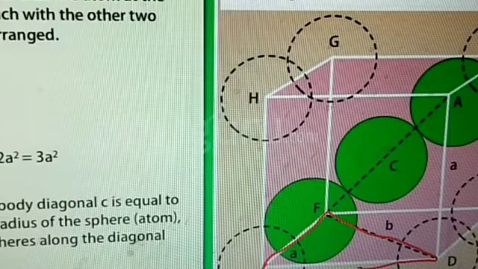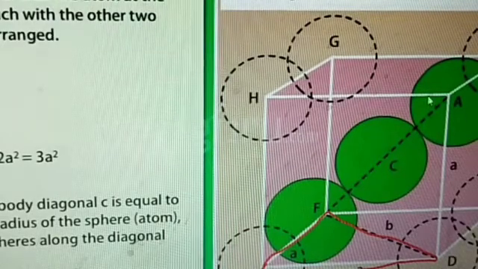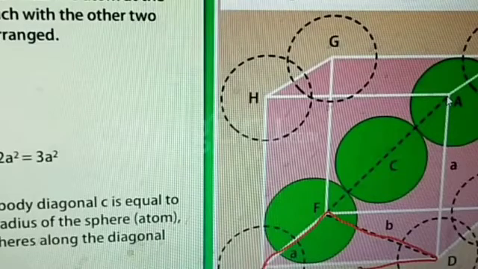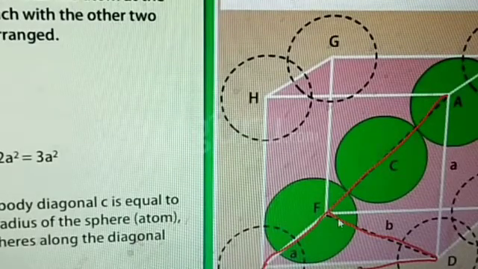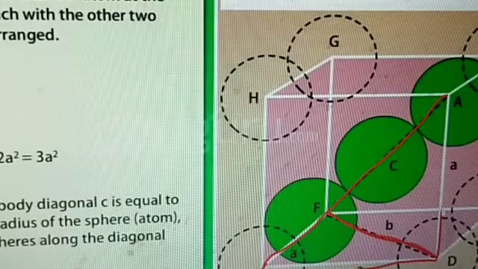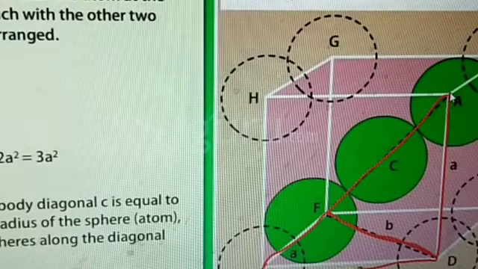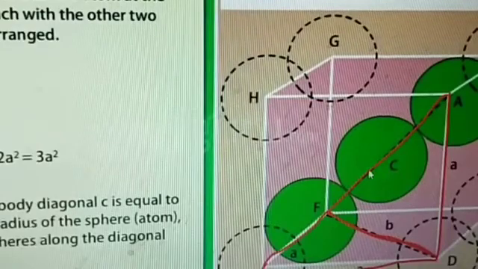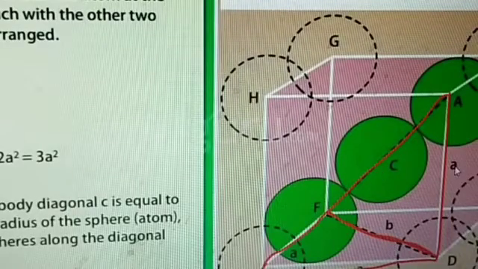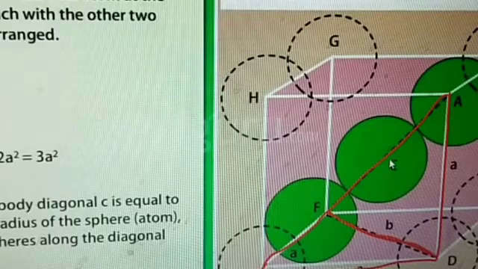Now, triangle AFD. This is triangle AFD. In this triangle AFD, C square is equal to A square plus B square. Same Pythagoras theorem. C square is equal to A square plus B square.